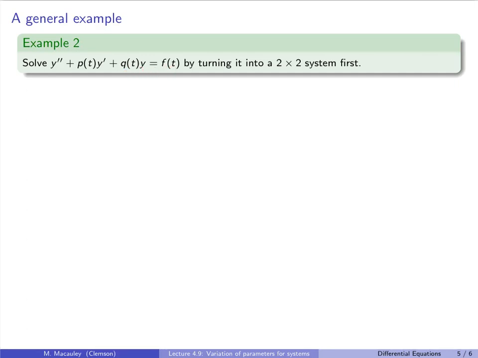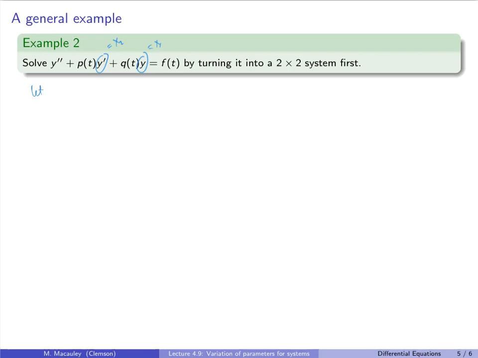To turn this into a system, remember we think of y as position, which we call x1, and velocity, instead of y prime, we call x2. And then y double prime is just the first derivative of velocity, or of x2.